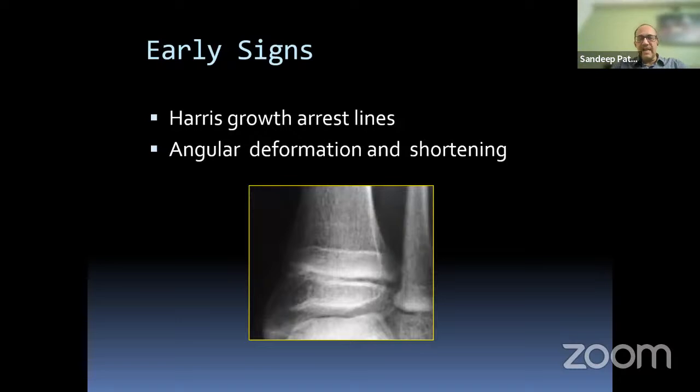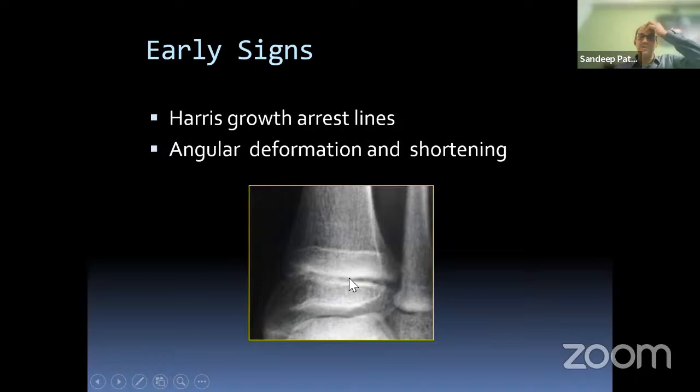The early sign of a growth arrest is a Harris growth arrest line, and I have already spoken about it earlier. You will see a density line, and as long as it runs parallel to the physeal plate, you have had a temporary growth arrest, it has resumed growth, and there is no focal spot weld or physeal arrest across the physis.